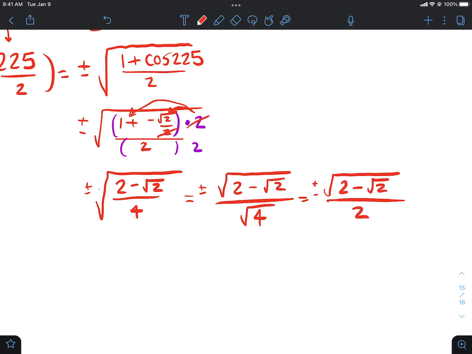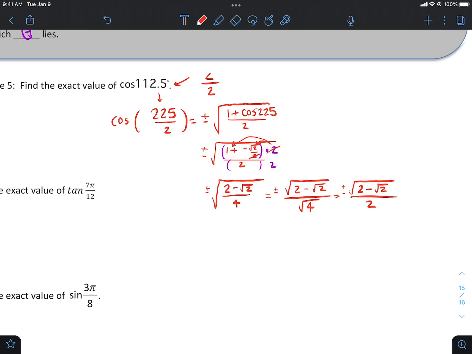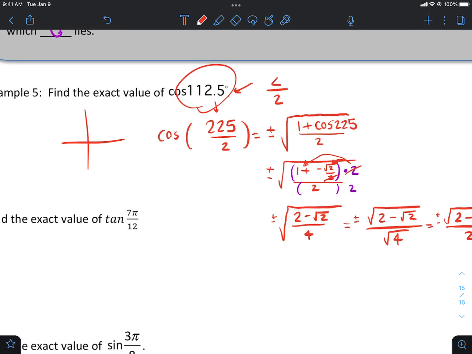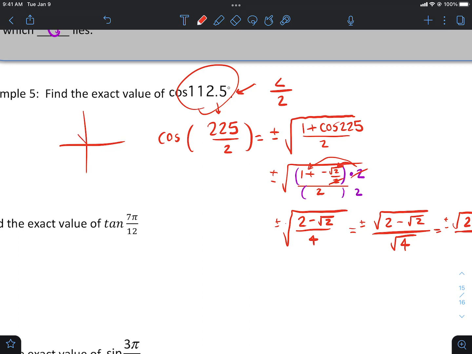Then I like to go back and figure out, and maybe I should have done this at the beginning, I typically do it at the end, what quadrant, not what 225 is in, but where the 112.5 degrees is. 112.5 is a little bit bigger than 90, but not quite to the 180. It's somewhere around here.